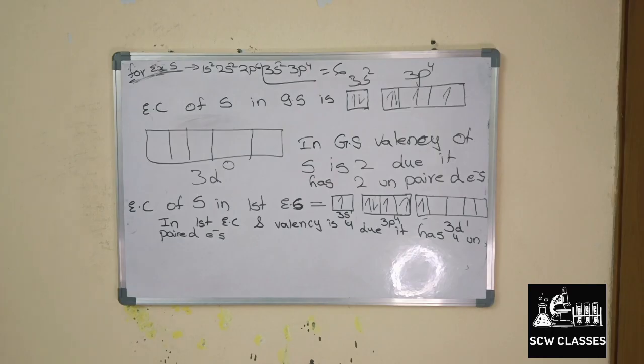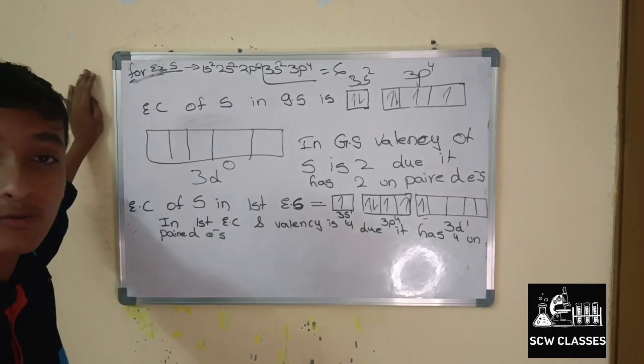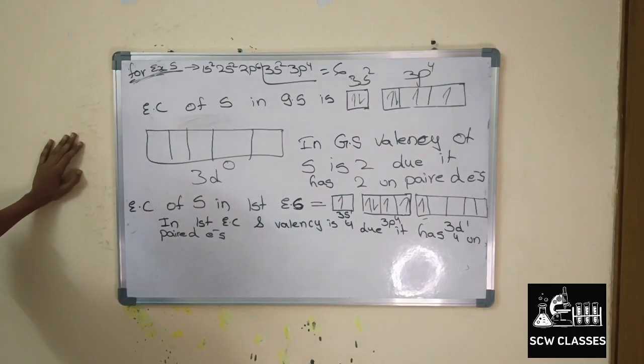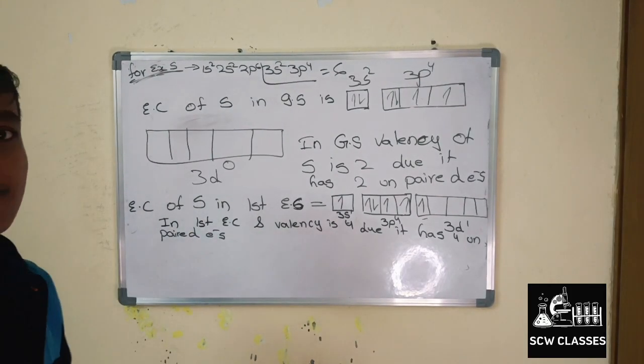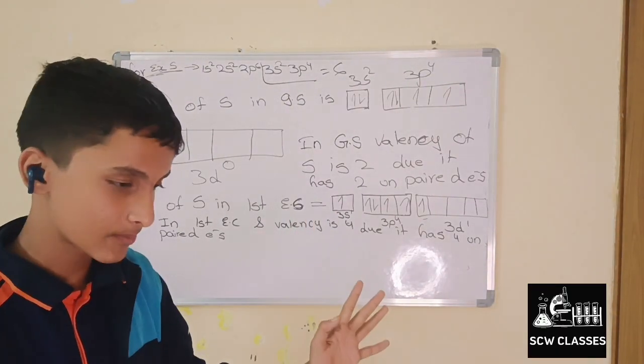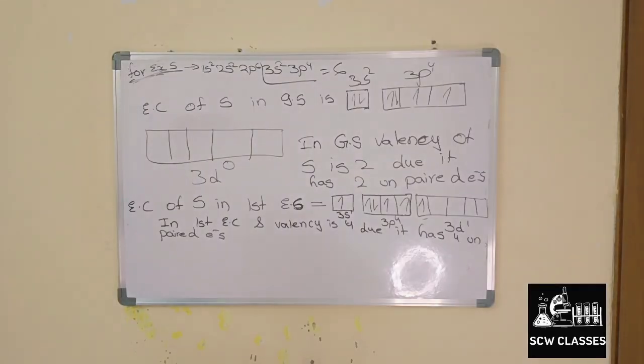Listen. Then the electronic configuration of sulfur in second excited state. Excited state is nothing but transport of an electron from one subshell to another subshell. Clear?